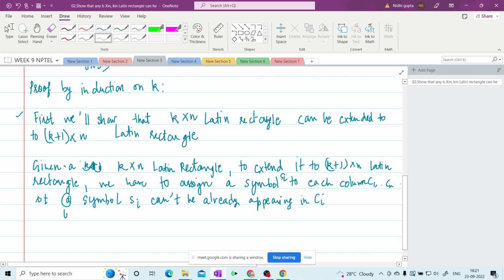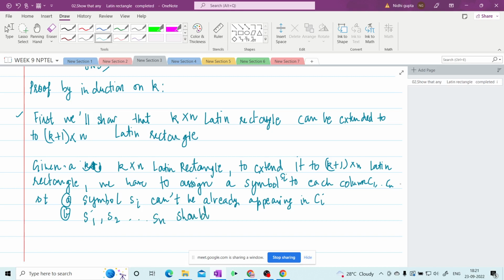And secondly, we are not allowed to have two same symbols in one row. So all these S1, S2 till Sn should be distinct.